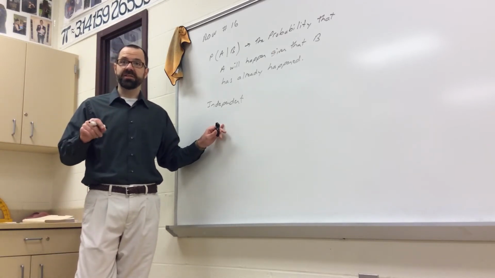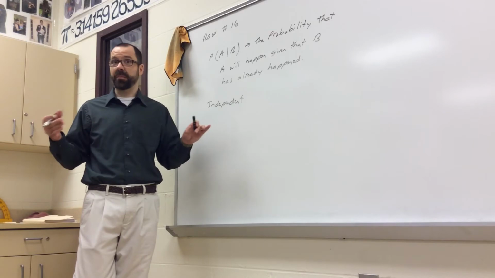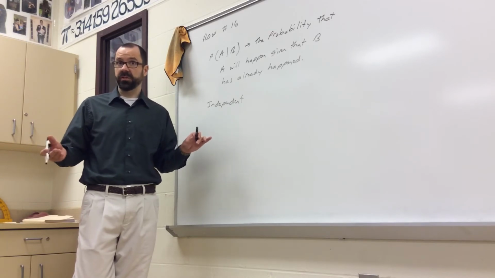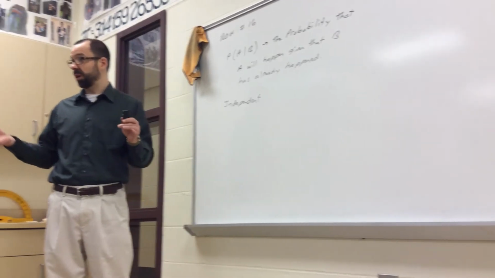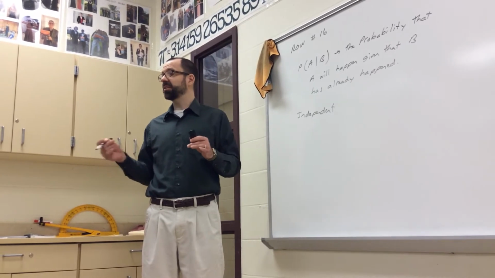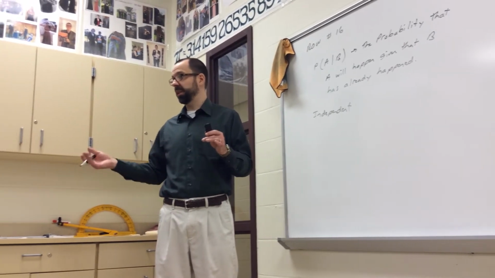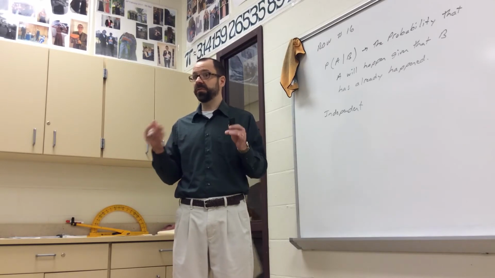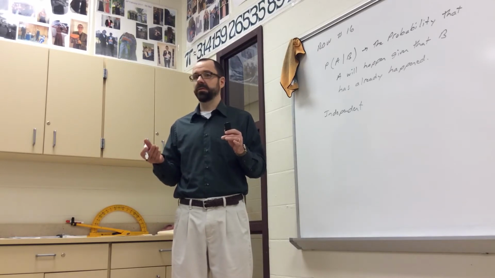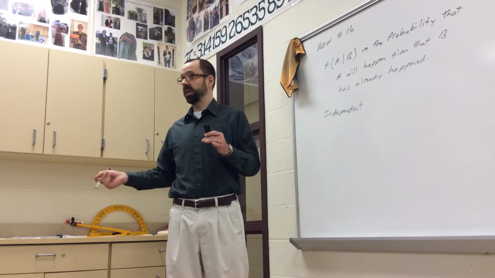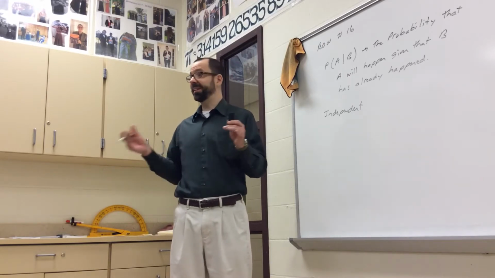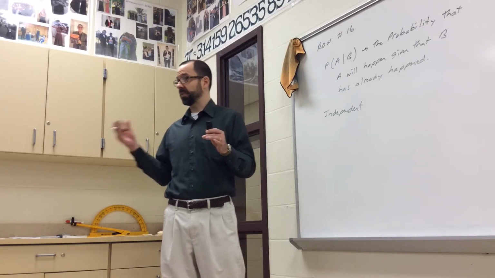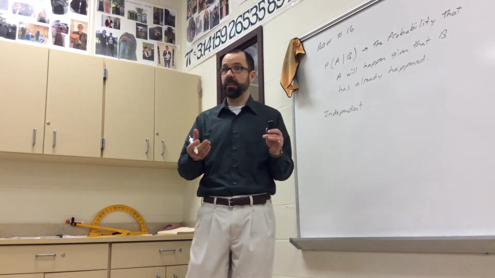It won't change or affect what's going to happen the second time. Good. So for example, if you flip a coin twice, it doesn't matter what happened the first time, heads or tails. The chances of getting heads or tails the second time are still 50-50. So when you flip a coin and then flip a coin again, those are independent events. What happened the first time doesn't affect what's going to happen the second time.